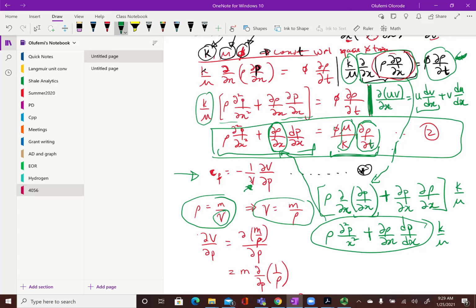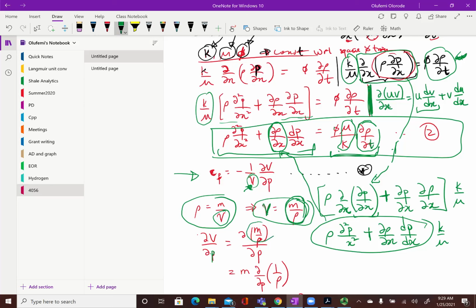If we differentiate this volume with respect to pressure, it's the same as differentiating m over rho with respect to pressure.